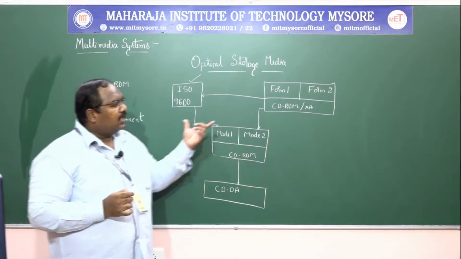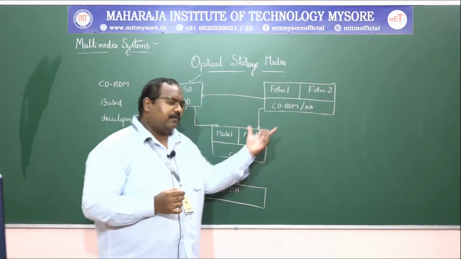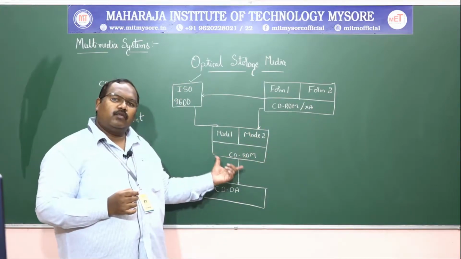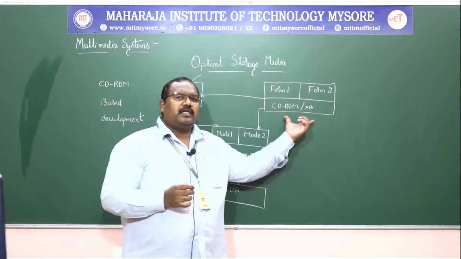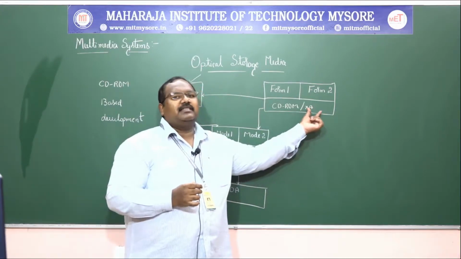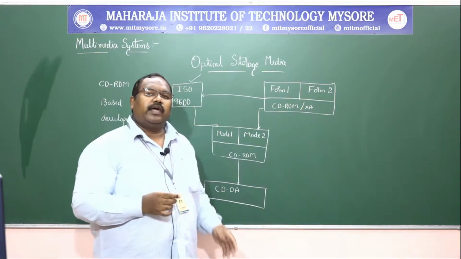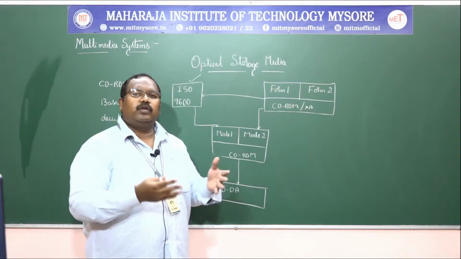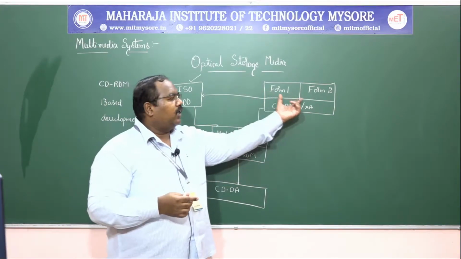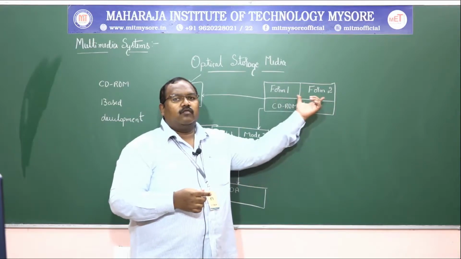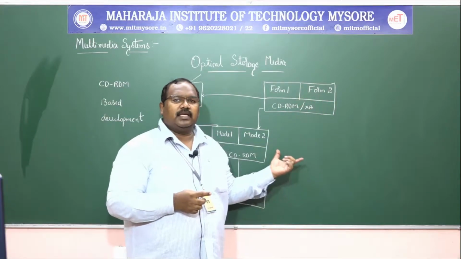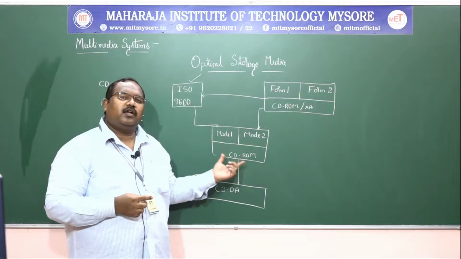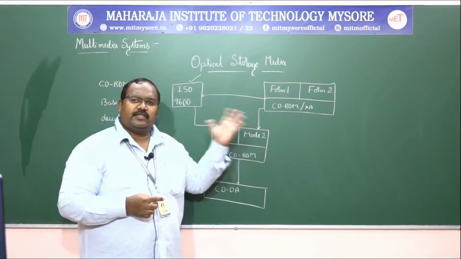Now coming to the CD-ROM extended architecture, after the CD-ROM the new technology that emerged was CD-ROM XA, that is extended architecture, which again comprises two different forms, form 1 and form 2. What form 1 and form 2 are with respect to CD-ROM XA, and mode 1 and mode 2 of CD-ROM, has already been discussed in the previous sessions.